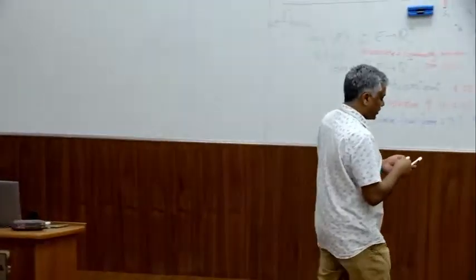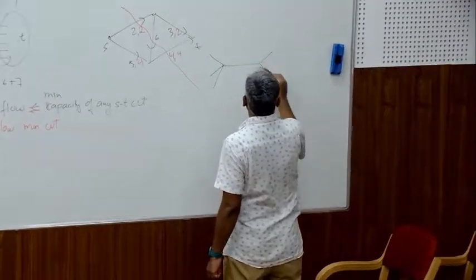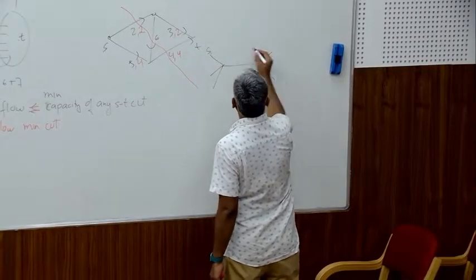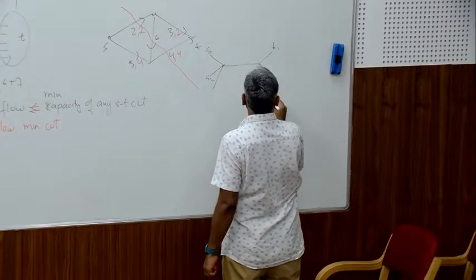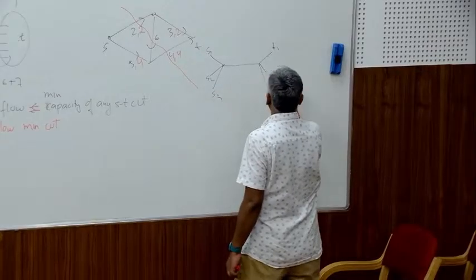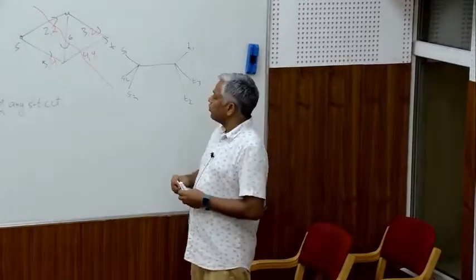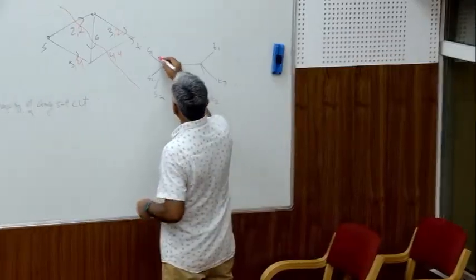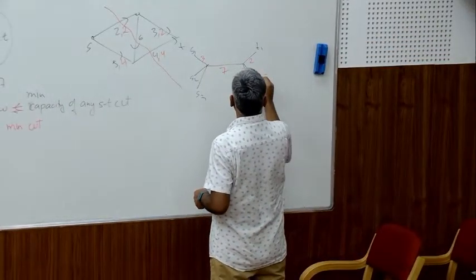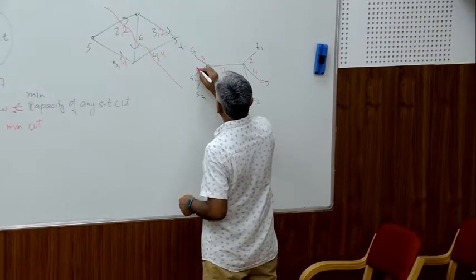See, I think what he's trying to say is something like S1 T1, S2 T2, S3 T3. Absolutely that can happen. Say the capacities were 3, 7, 2, 4, 6, 5, 4.